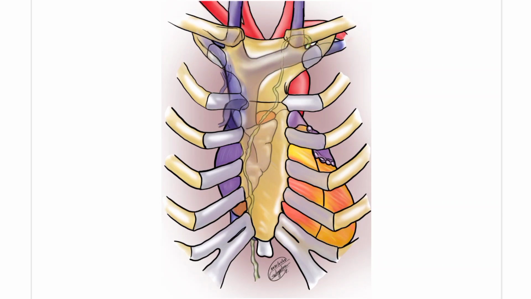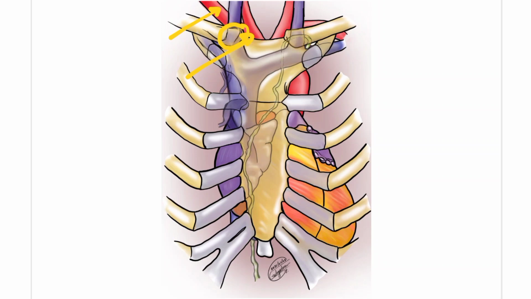Now let's see about the arteries. The right subclavian artery arises from the brachiocephalic trunk, this brachiocephalic trunk at the level of the right sternoclavicular joint.